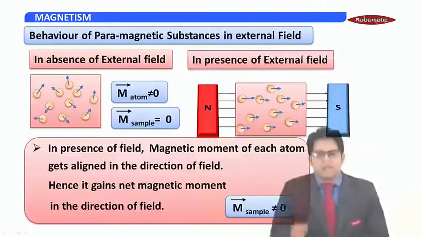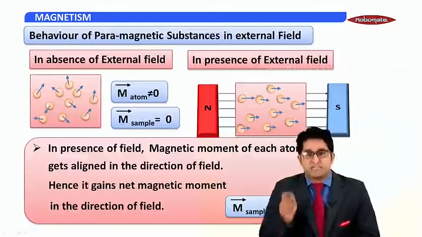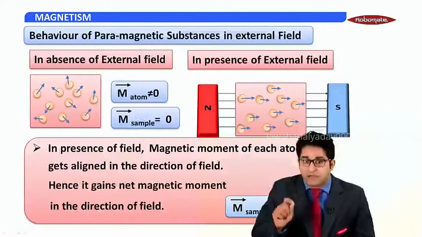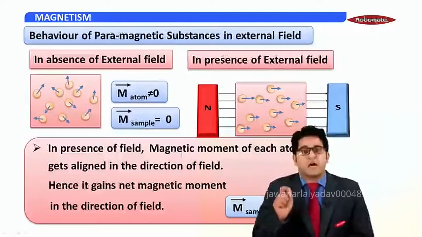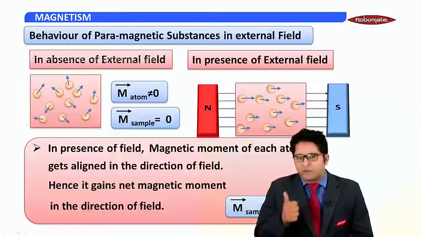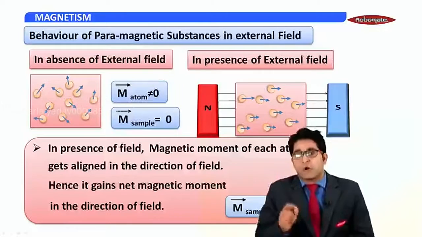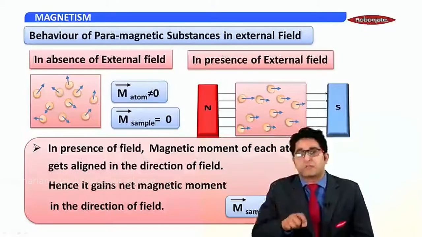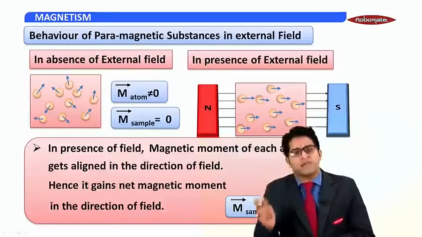So once a paramagnetic substance is placed in an external magnetic field, it gains a net magnetic moment in the direction of the field. And if you remember, a diamagnetic substance always gains the net magnetic moment in the opposite direction of the field.